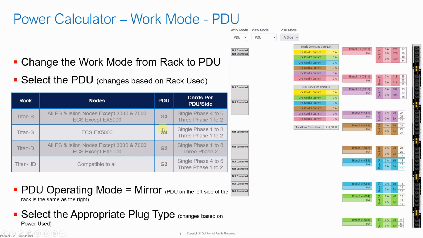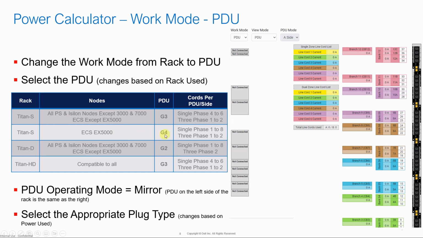Now, the differences between the PDUs, I mean, there are single phase and 3-phase PDUs, but the differences are the number of outlets, or receptacles. So the G3 has 37 C13 outlets. Now the G4, I was told the EX5000 is the biggest power consumer that we have. So that requires C19 plugs.